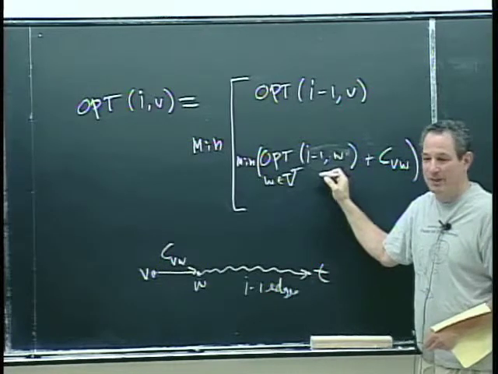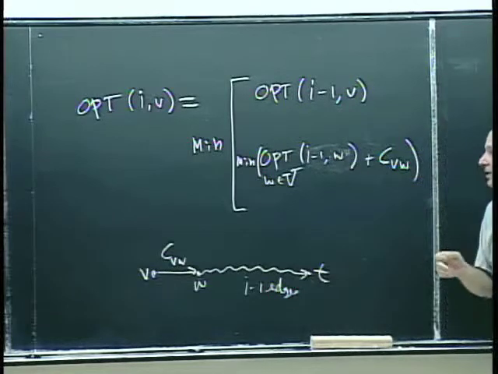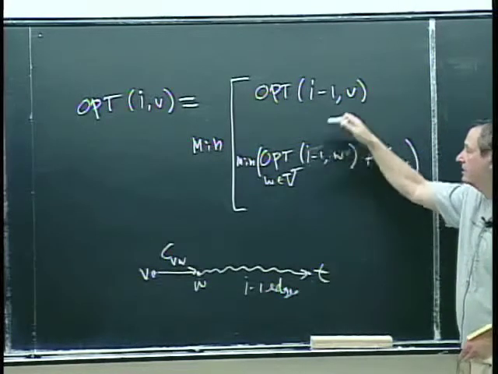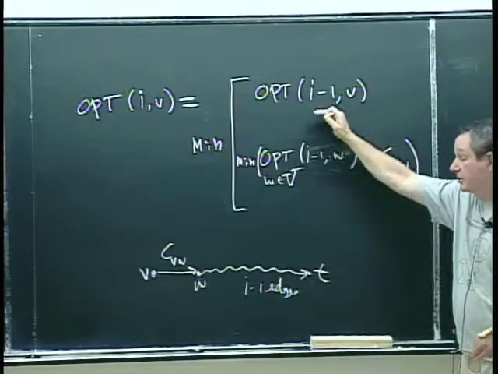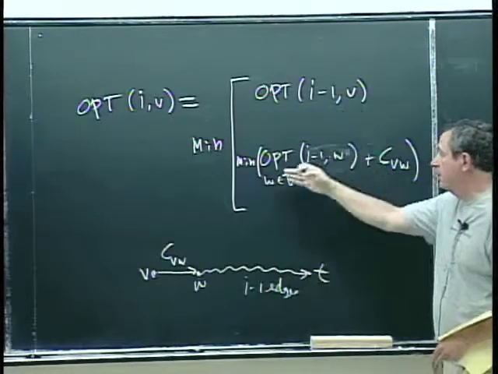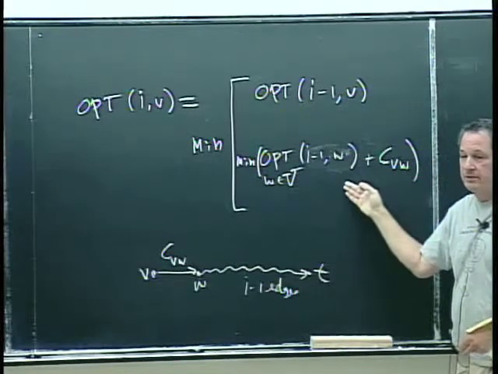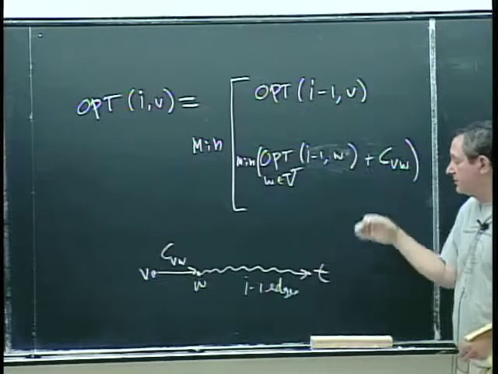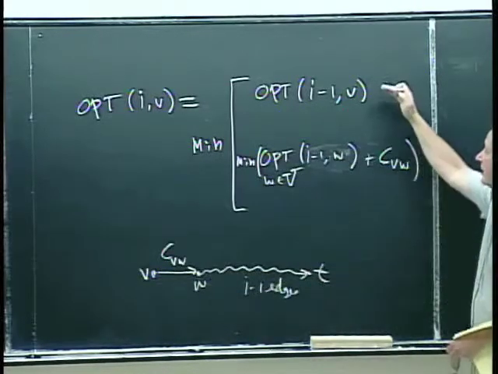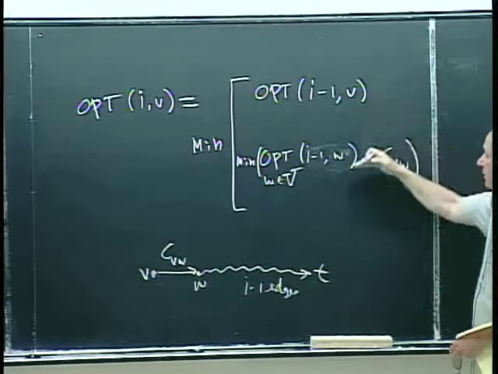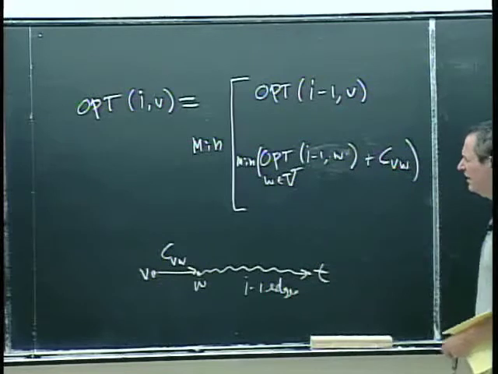Okay, well, I've lost everybody. Yes, it will. That's the subtle point I was trying to point out: even though I described these two cases as a complete dichotomy, in fact, if the shortest path from v to t has i minus 1 or fewer edges, then it'll show up in both cases.